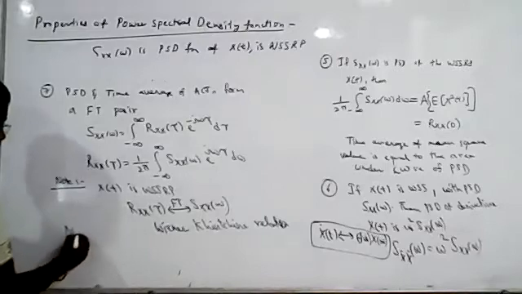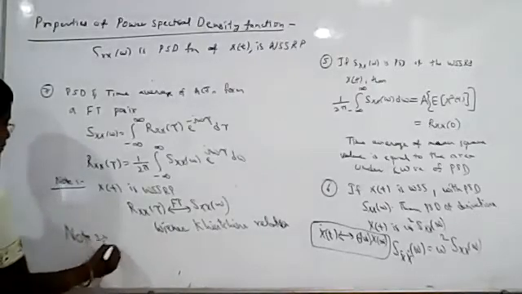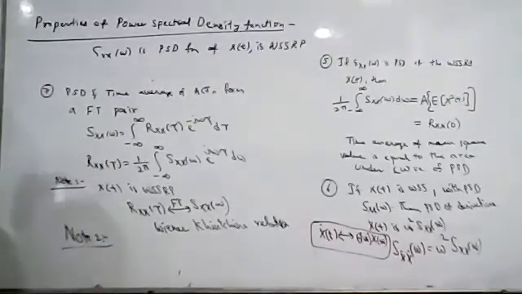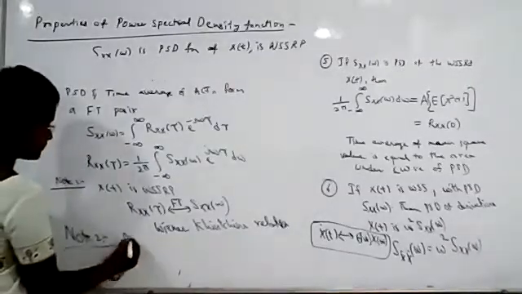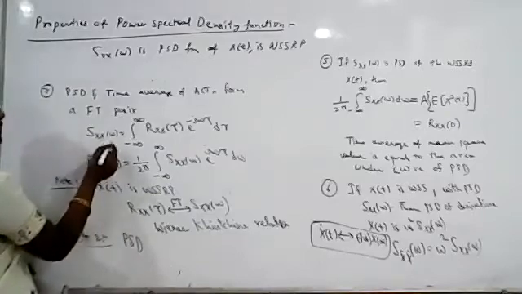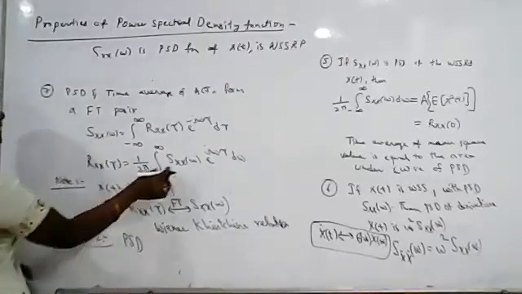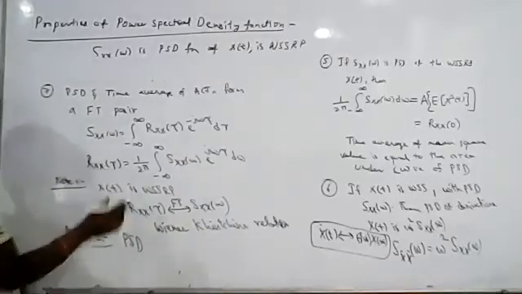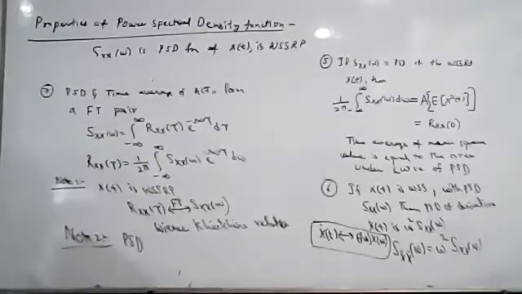And here we also will be discussing note 2. Once we know the PSD, that is, if you know the power spectral density function, we can obtain the autocorrelation function for a wide-sense stationary random process. If x of t is wide-sense stationary, the PSD gives complete information about the autocorrelation function.